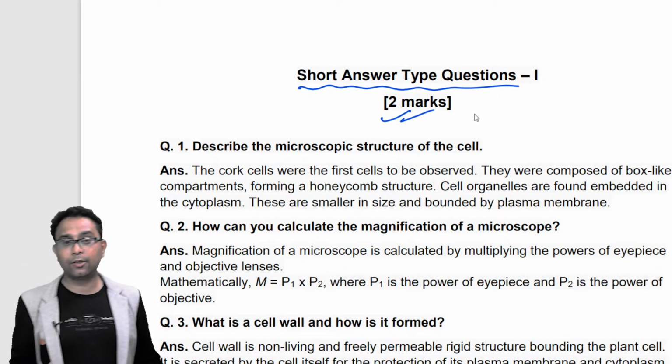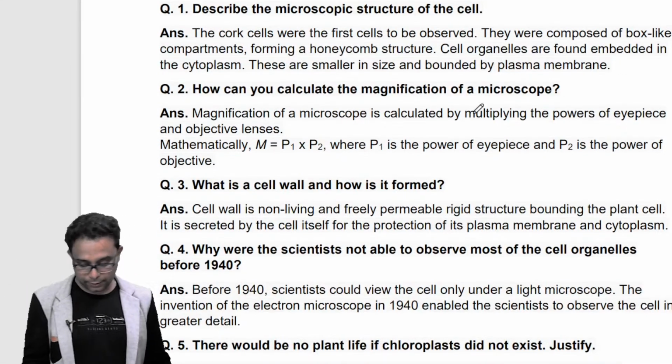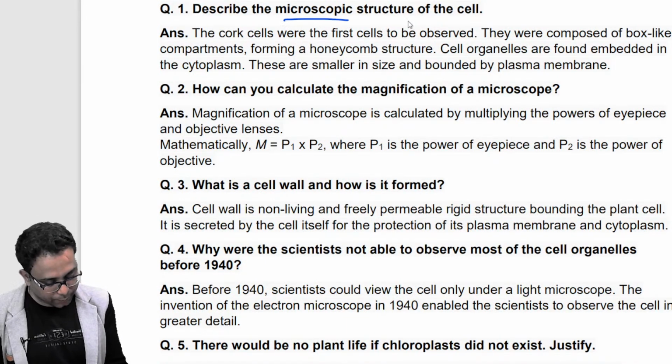Every question carries 2 marks. Now we go to the first question: describe the microscopic structure of the cell.